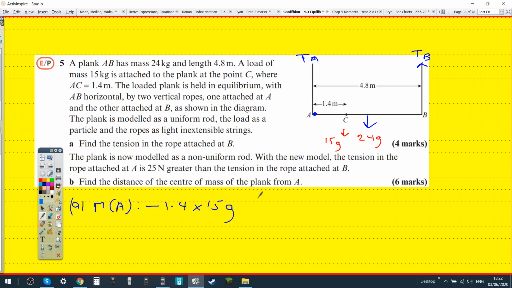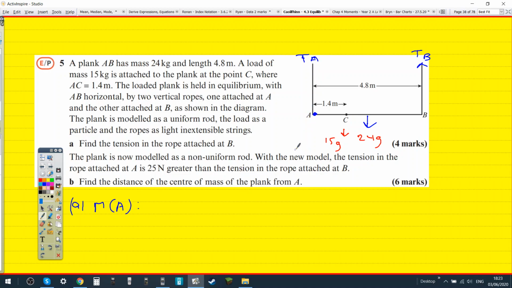We don't know. All of them. Oh, so the moment about A is the tension times, no, plus 24g plus 15g times 2.4.